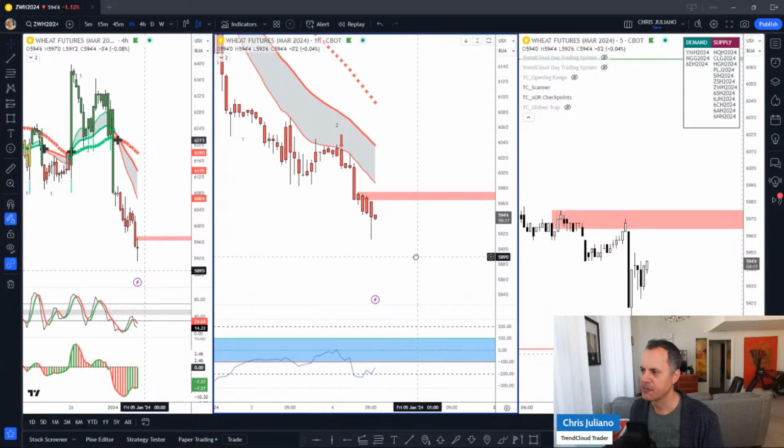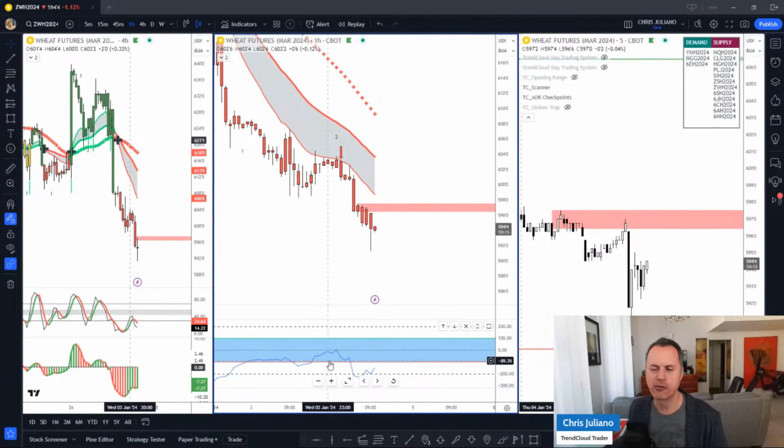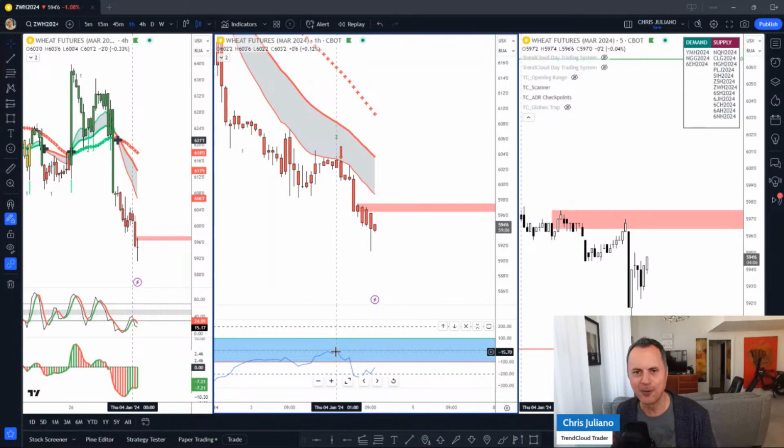The CCI indicator shows you whether or not you're in a strong trend. Why wouldn't you have that on your chart? It is so useful.